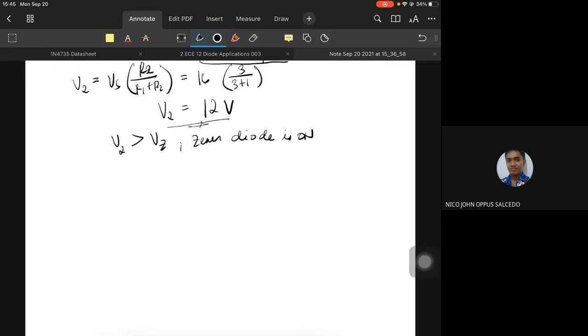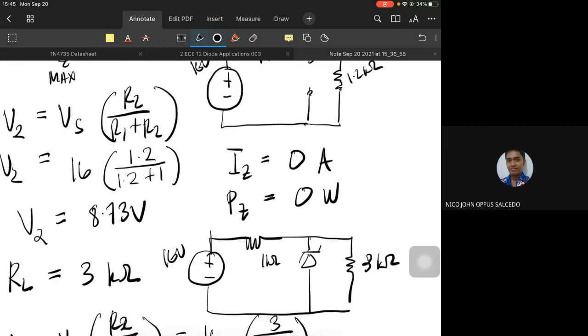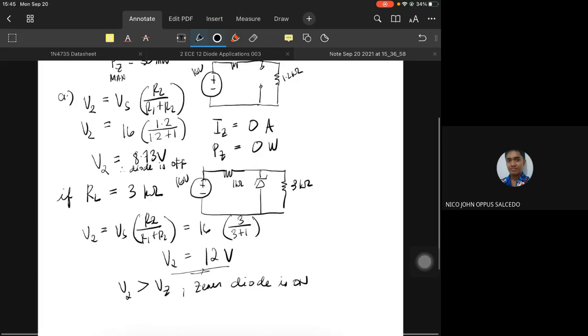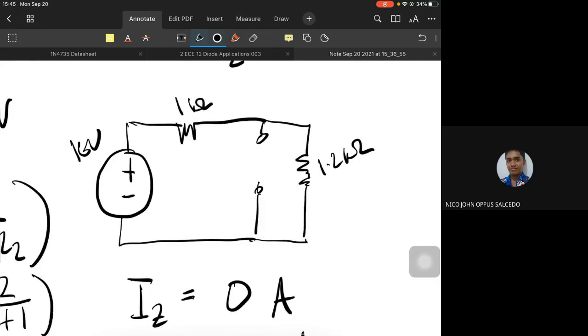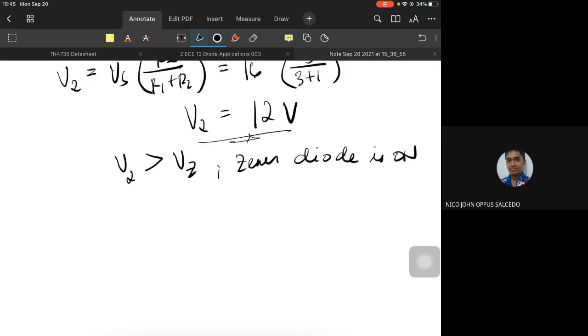Now, what would happen to the circuit? Earlier, when our Zener diode was off, it was an open circuit. But this time, the Zener diode is on.